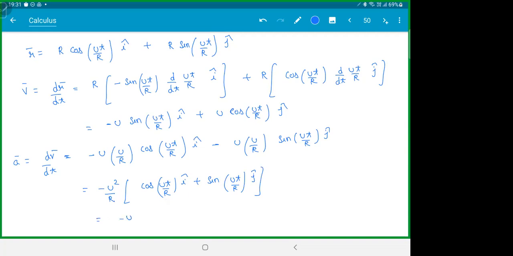And if you see, this is nothing but minus u square by R times R cap. This is the unit position vector. And did you observe something in the acceleration term? This is also called centripetal acceleration.